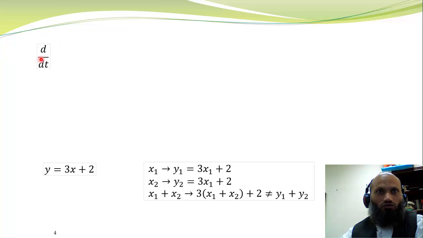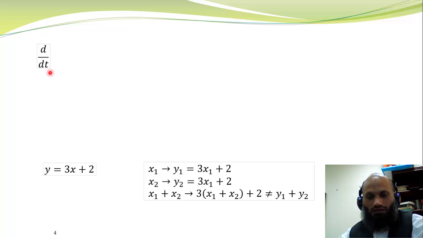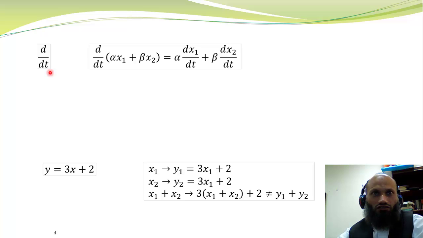Let's talk about this operator d by dt. What about this operator? Is it a linear operator or a nonlinear operator? We can see that d by dt of a linear combination of two inputs x1 and x2 is equal to alpha times dx1 by dt plus beta times dx2 by dt.